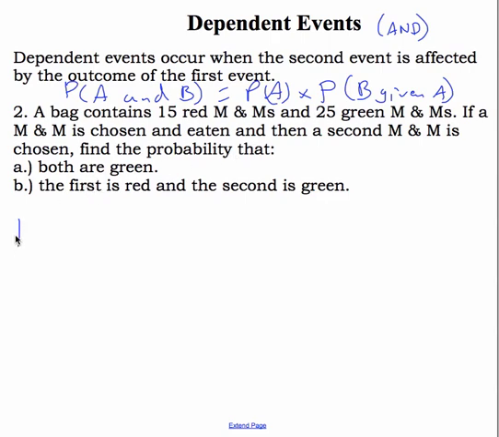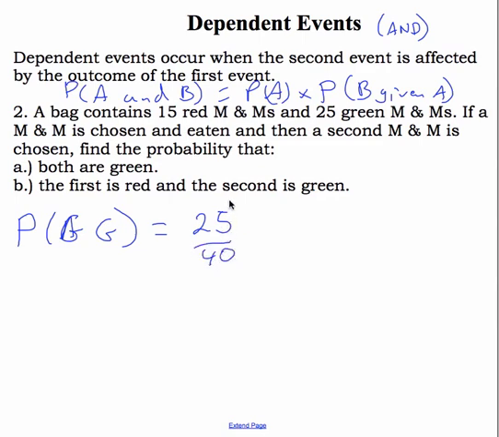So when we work out these probabilities, it's not that hard. Probability of eating a green one, then randomly picking another green one is, well, we just look at the probability of the first one. Probability of the first green one is going to be, well, there's 25 green ones and there's a total of 40.